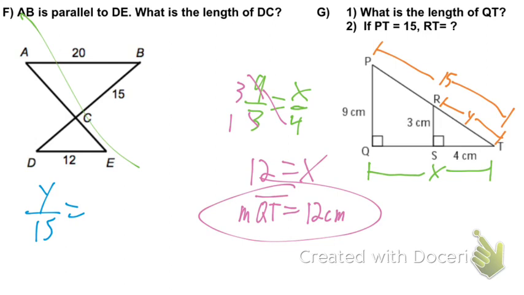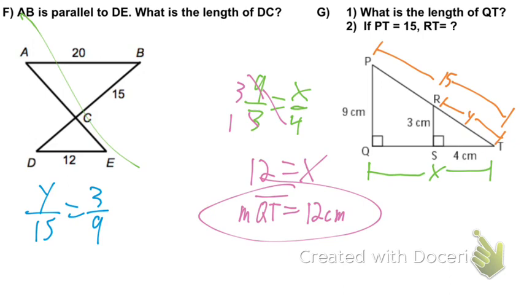Is there a chance we made a mistake on 12, though? So if we did y over 15, small triangle over big triangle, 3 over 9, small triangle over big triangle, that would work. All right. So now we can simplify.